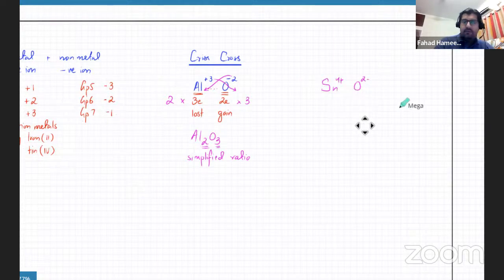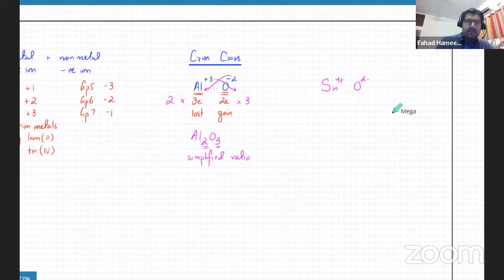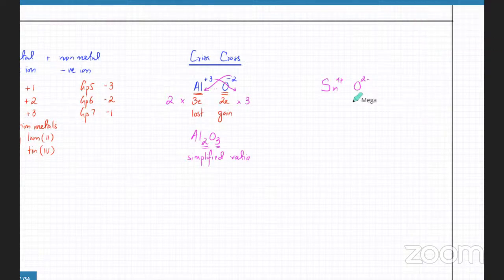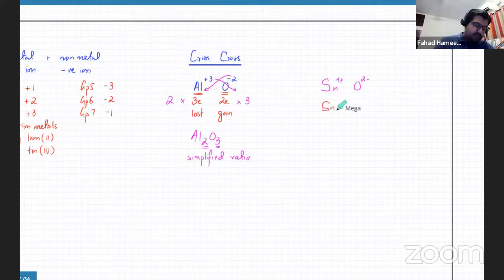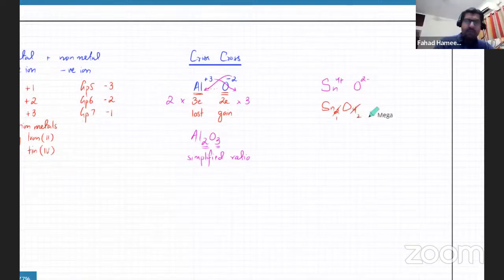If you do crisscross, what would be the formula of this thing? Sn oxygen 2, yes. Exactly. If you do crisscross, Sn would be twice and oxygen would be 4 times. But this gets simplified, and it's actually going to be 1:2. You don't usually write 1, so it's going to be SnO2.